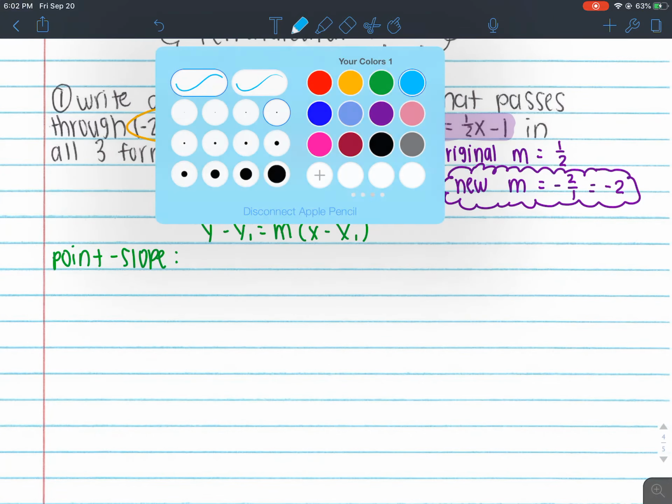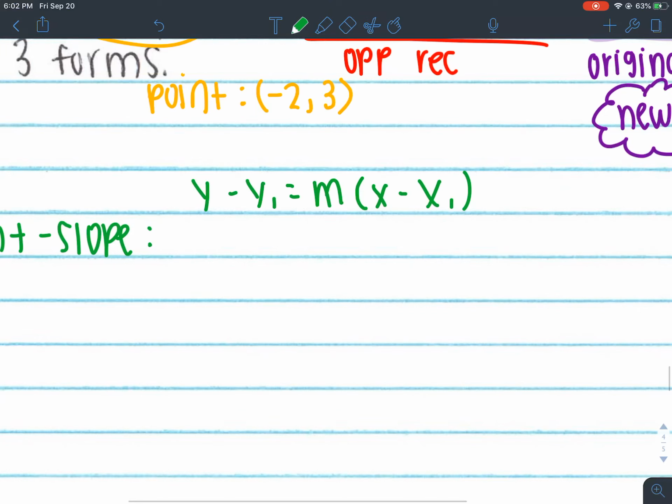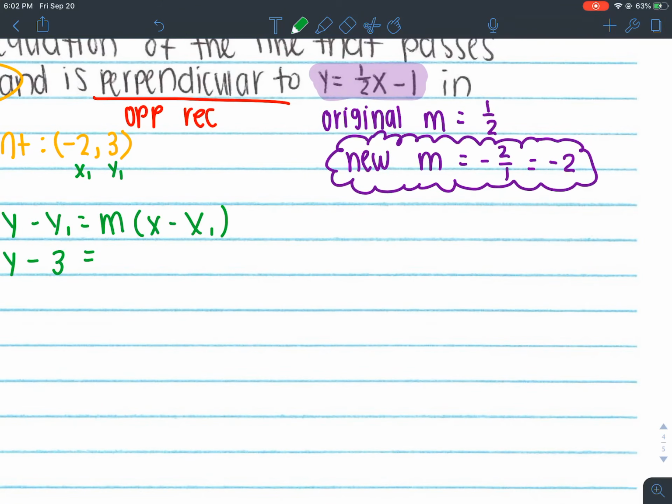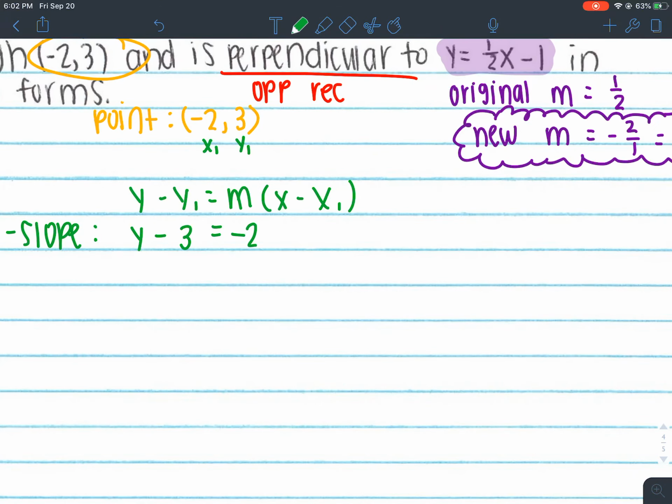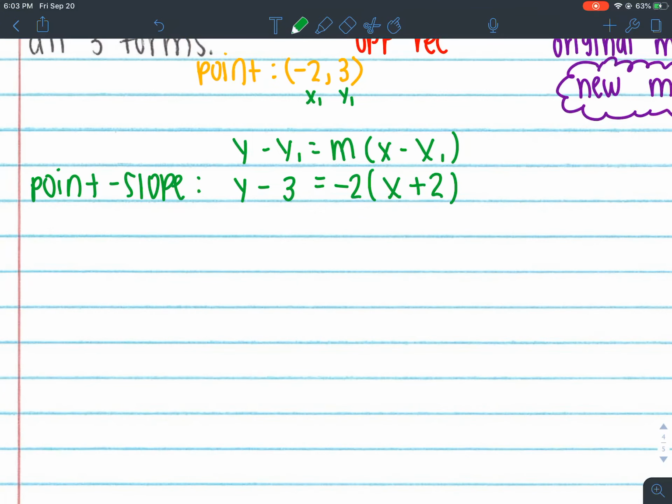Now my point is going to give me what I need for my point-slope form. So that's my x1 and my y1. So my y1 here is going to be -3 because it changes the sign and flips it opposite. My m is my slope, and you make sure you use the new slope, the slope that's going to make it perpendicular, which is going to be -2. And then we have x, and we're going to have +2 because we flipped the sign for our x1 here. Okay, so that's my point-slope form.